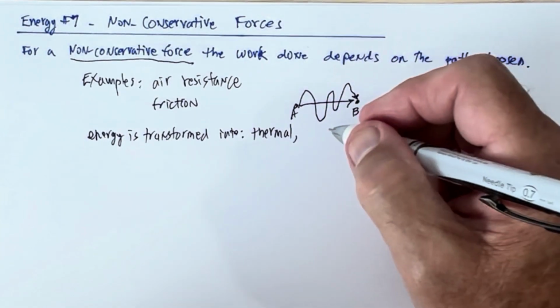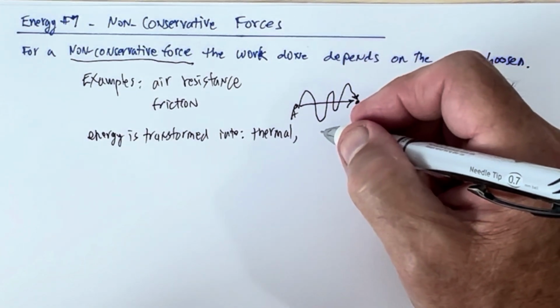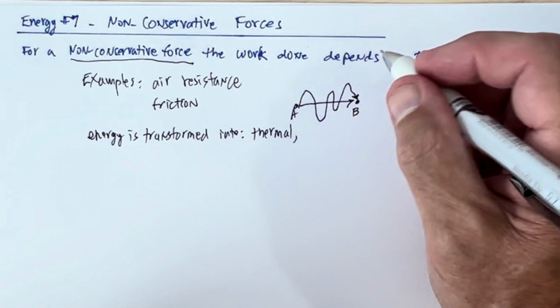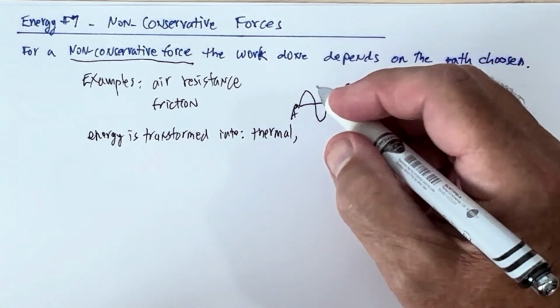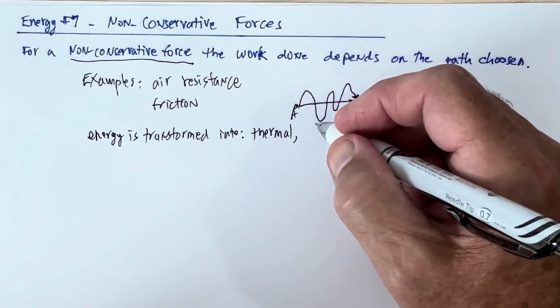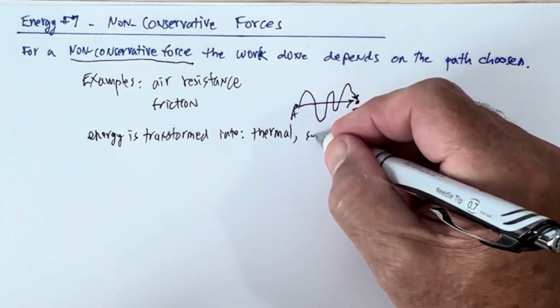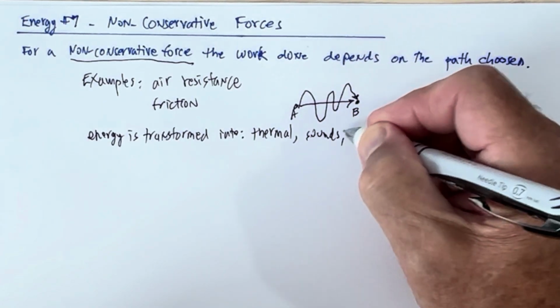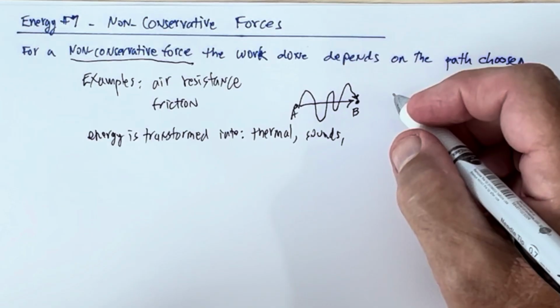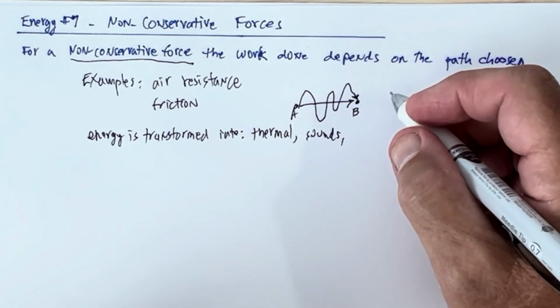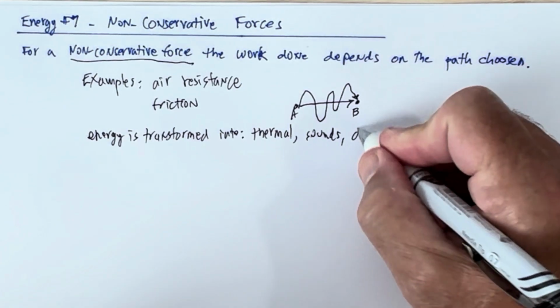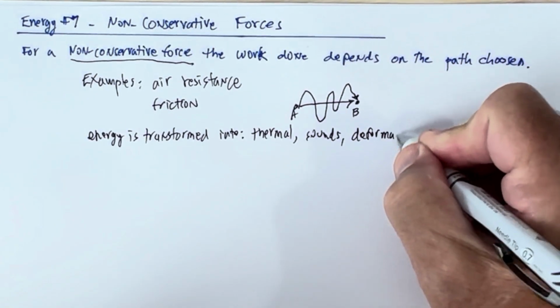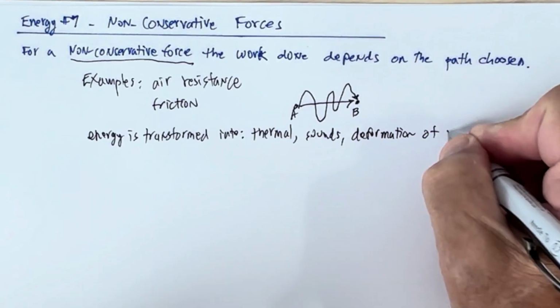We're expending more fuel to move the car, and the longer the path, the more fuel we expend. It does depend on the path chosen. And we also have sounds being generated, the motor running, the tires, and all the sounds associated with a car. This is a non-conservative force example. Then also the deformation of materials.